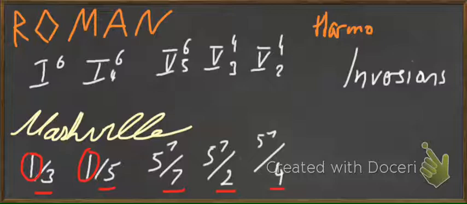And here the confusion usually comes in, because this is not a secondary dominant function. This indicates in Nashville numbers the inversion.